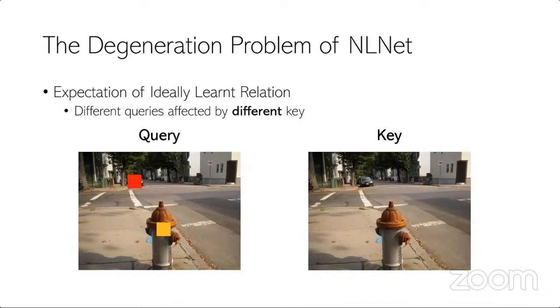A red query is on a car, and a yellow query is on a fire hydrant. The right image shows some key points colored in green. We expect the car query pixel mainly affected by these 2 key points, and we expect the fire hydrant query pixel mainly affected by these 2 different key pixels.